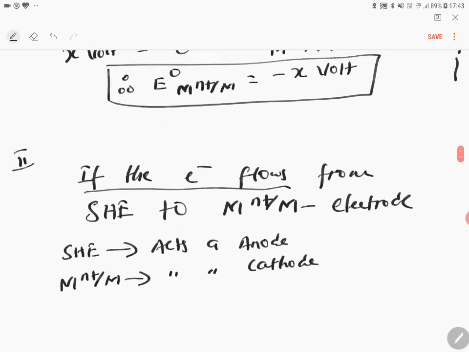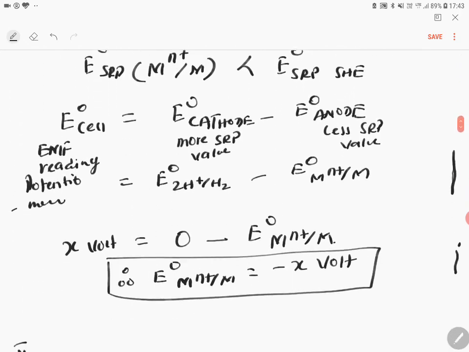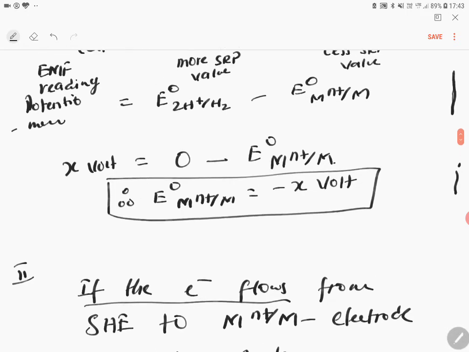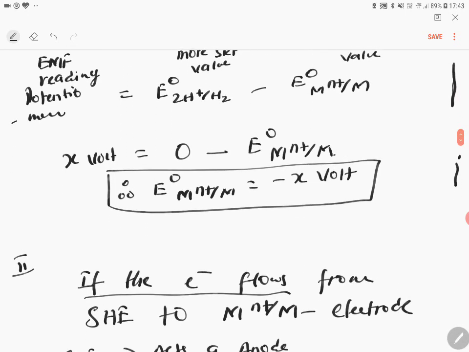I did not write the cell representation for this, I'll write it now. For the previous cell the representation will be anode: metal, solid, metal M plus, salt bridge, 2H plus, hydrogen, platinum electrode, this is gas.